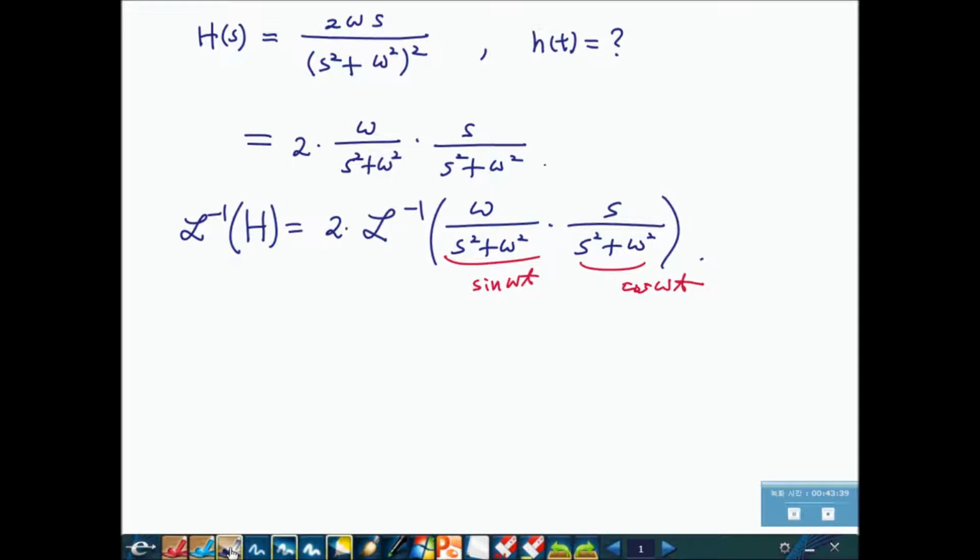Then h of t is 2 times sine omega t star cosine omega t.